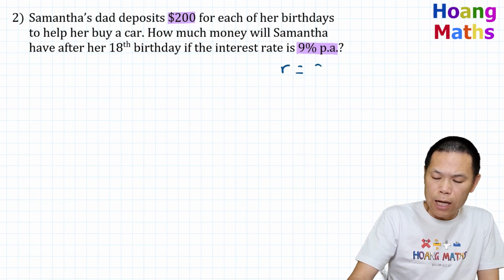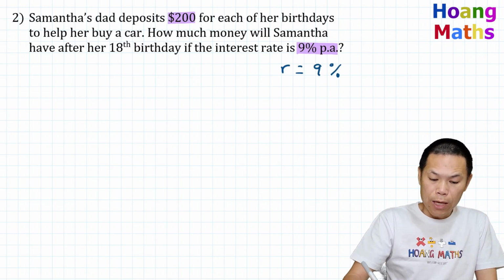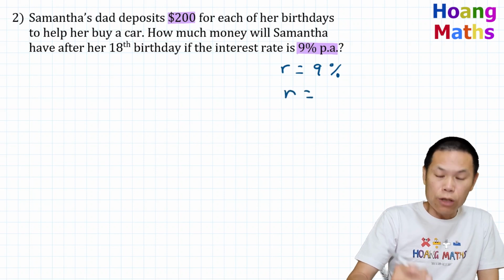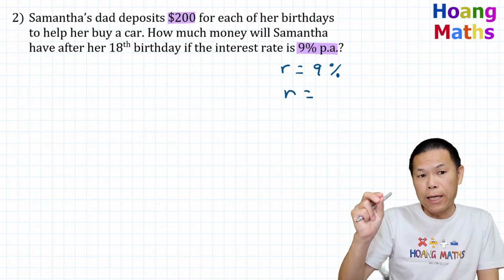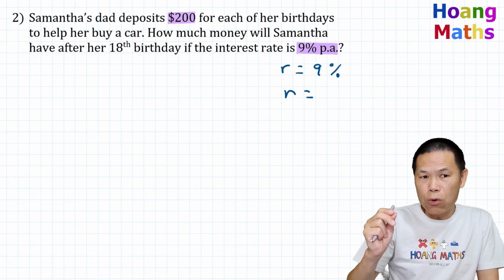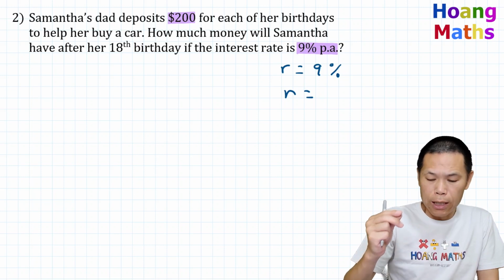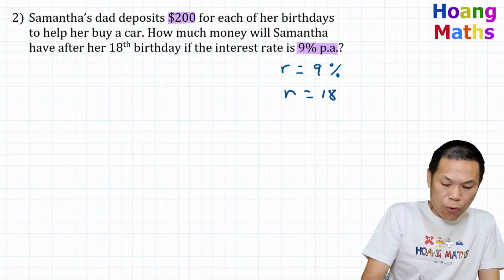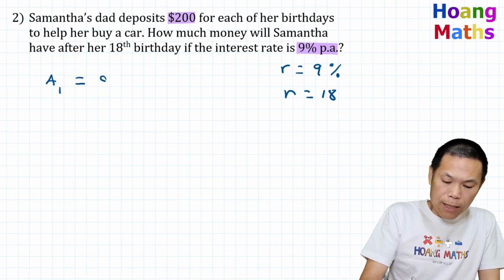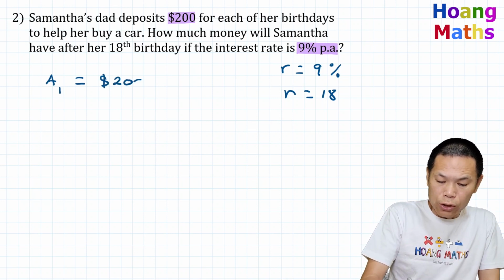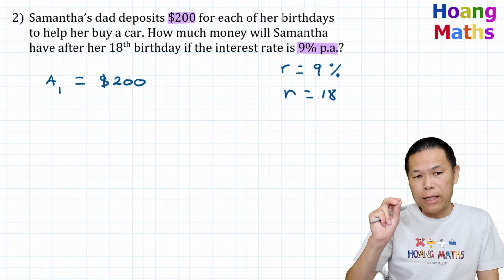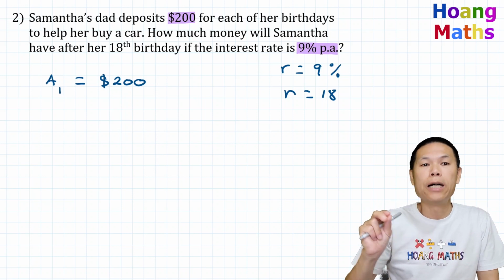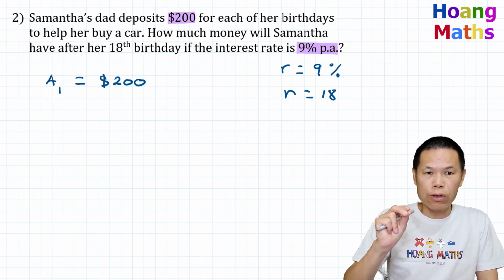So r is 9%, still the same, and n, because he deposits every birthday, so when Samantha reaches 1 year old he starts depositing, keep that in mind. So that means n is 18. So therefore, on the first birthday, that is A1, Samantha will have $200, because when Samantha reaches 1 year old, her dad will deposit $200 for her.